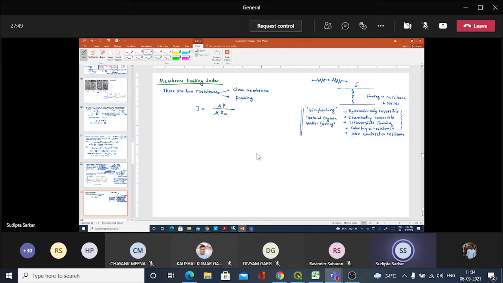Km is the resistance due to the clean membrane. Now we will add another term here, which is the fouling resistance. So Kf is the fouling resistance.